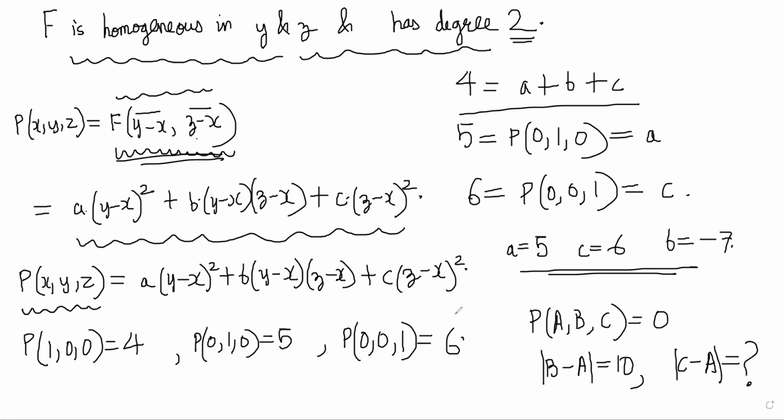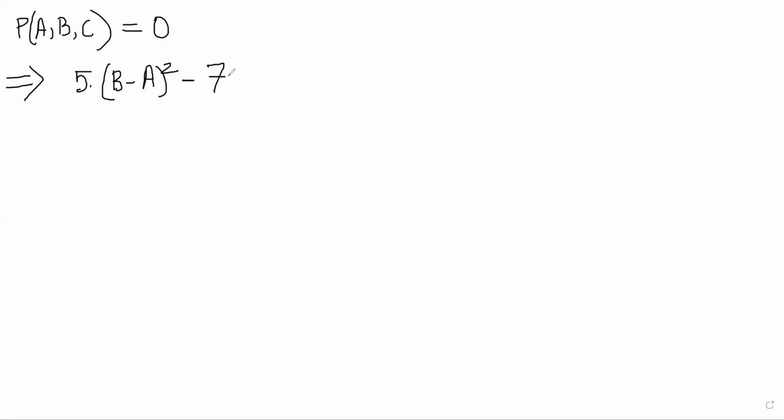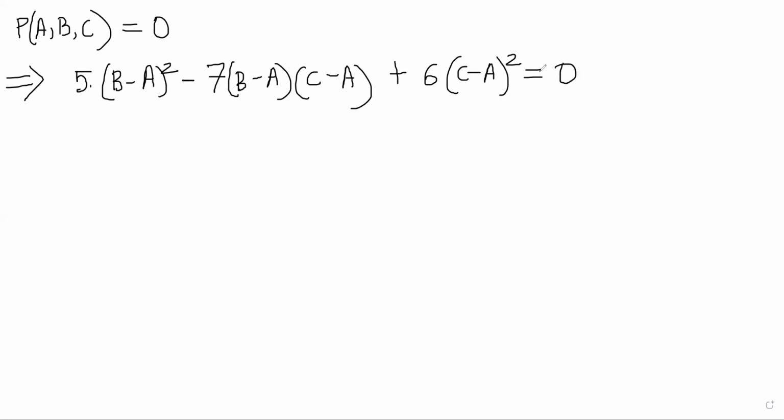That was the question. So let's try to understand what happens if I put p(a, b, c) equal to 0, right? My p polynomial will be equivalent to: a was 5, so 5 times (b minus a) whole squared, minus 7 times (b minus a) into (c minus a), plus 6 times (c minus a) whole squared, equal to 0, right?